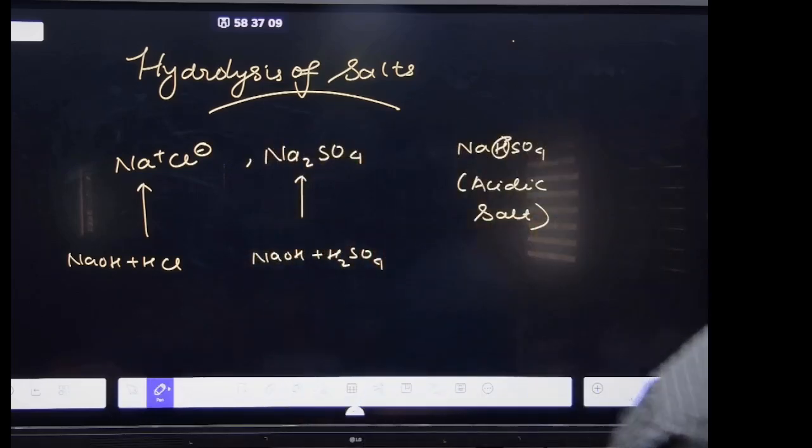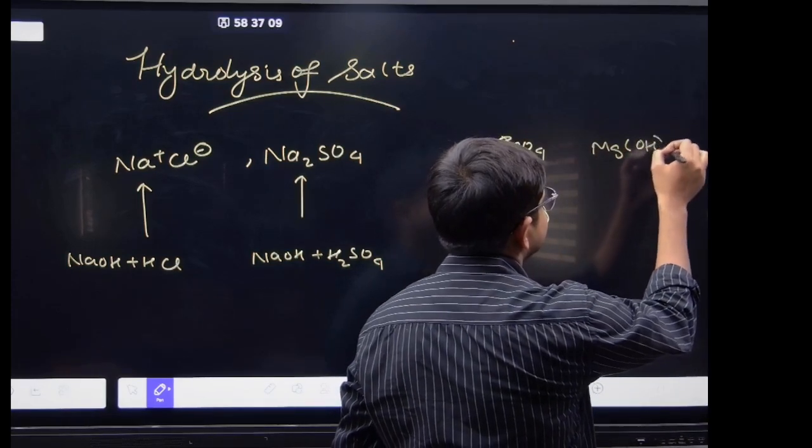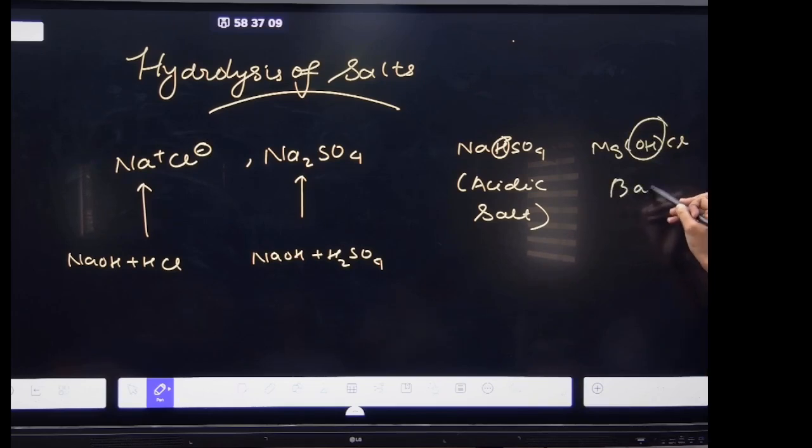Similarly, if you have Mg(OH)Cl, this OH can be donated, so it is basically your basic salt. These are basic salts.